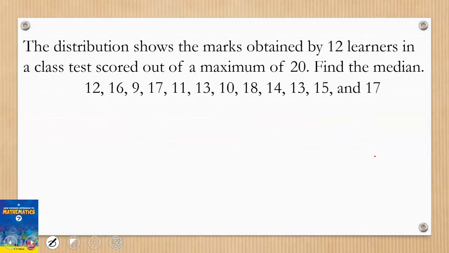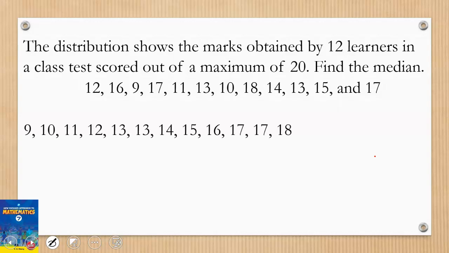The distribution shows the marks obtained by 12 learners in a class test score out of a maximum of 20. Find the median. Once again, you can arrange this data in order of magnitude, whether descending or ascending. So I have done this in ascending once again.